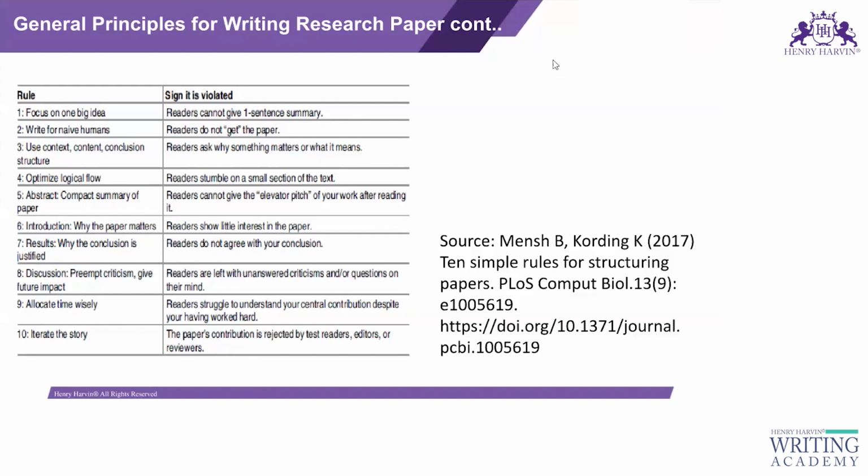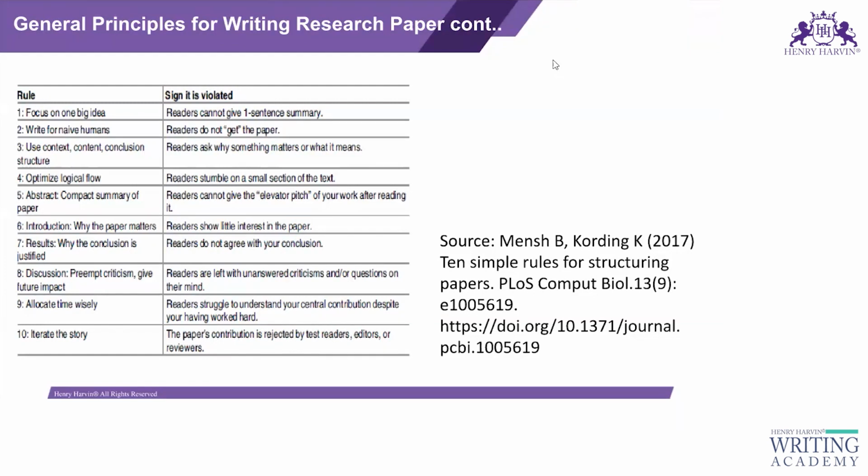Then results, which show why the conclusion is justified. If your result is not properly justified, with proper data, logic, and figures, the readers do not agree with your conclusion. Then the discussion: in the discussion you interpret the results, preempt criticism, and give future impact.